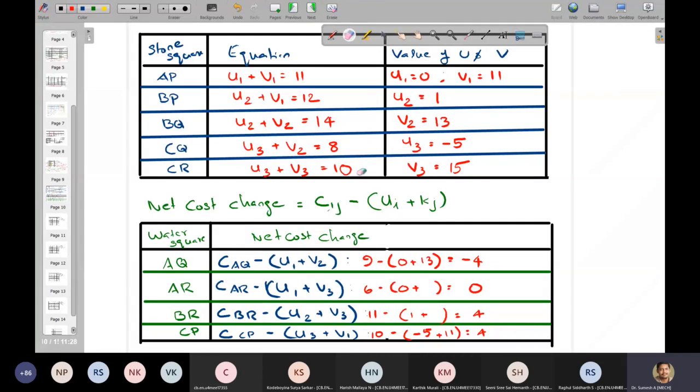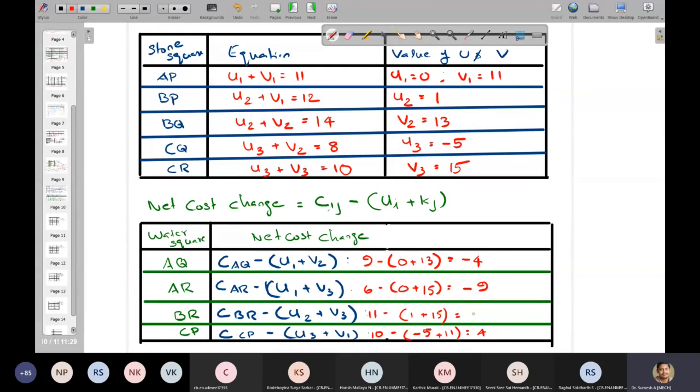So this is 15, this is also 15. So get me the new values. This will become minus 9 and this will become minus 5.